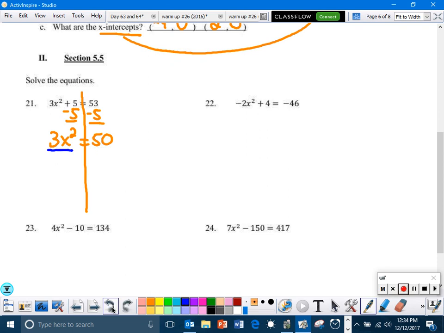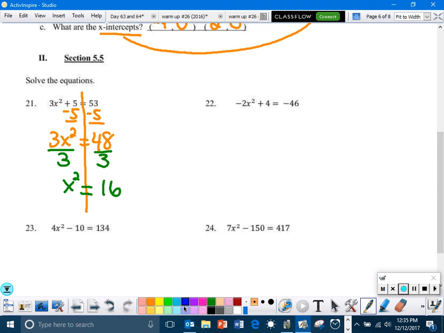Made another mistake. 53 take away 5 is 48. Sorry about that. Again, 53 take away 5 is 48. Don't be in such a rush, Mr. Ellering. All right, divide by 3. And 48 divided by 3 is 16.